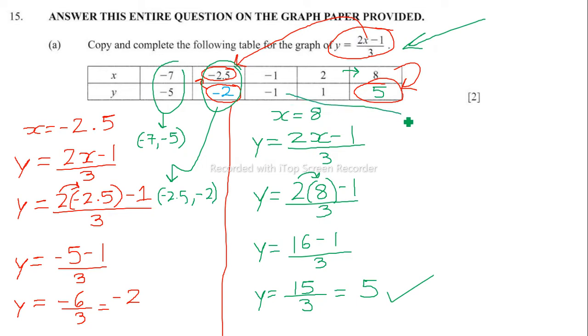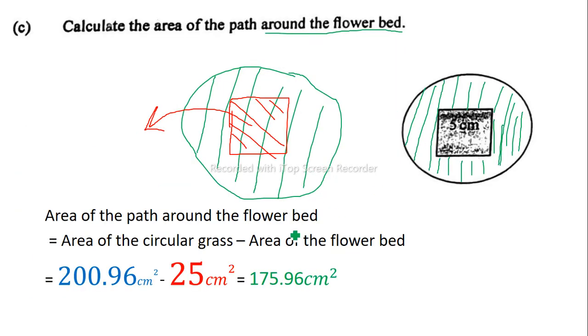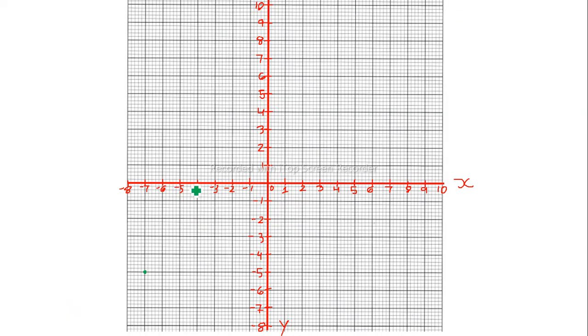Okay, so what's the next point that we're going to plot? -1 and -1. Very good. So that's -1 and -1.